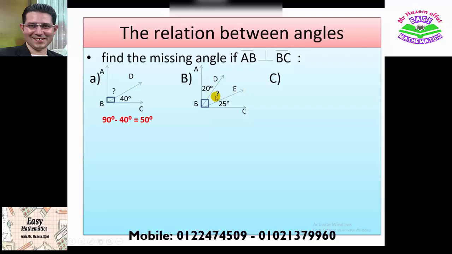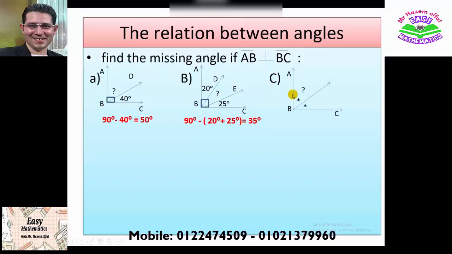How to find the measure of this angle? Yes, by subtracting their sum from 90 degrees, we will find this missing angle. Like that, 90 minus, open brackets, 20 plus 25, it will be equal to 35 degrees.